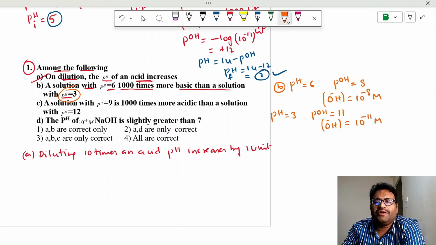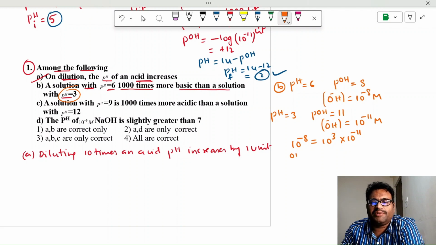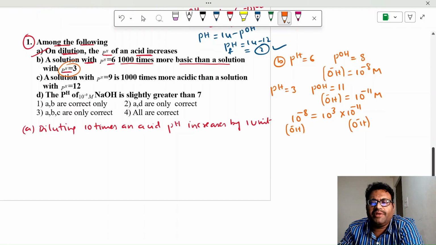Now you see, 10 power minus 8 is equal to 10 power 3 into 10 power minus 11. Is it correct or not? This is OH minus ion concentration. This is also OH minus ion concentration. See, 10 power minus 8 M is how many times that of 10 power minus 11? 1000 times. OH minus ion concentration represents that it is basic in nature, right?